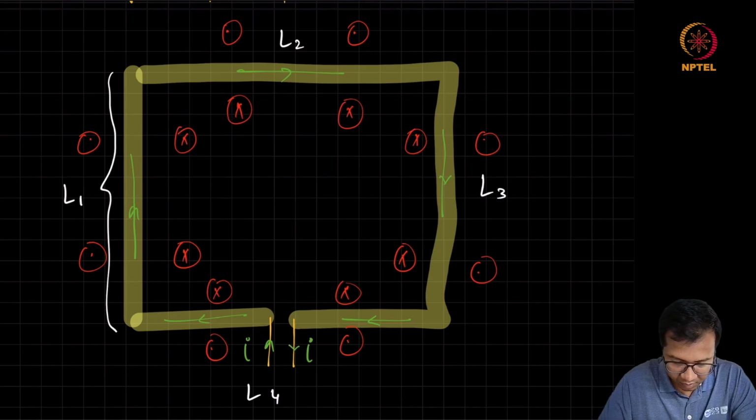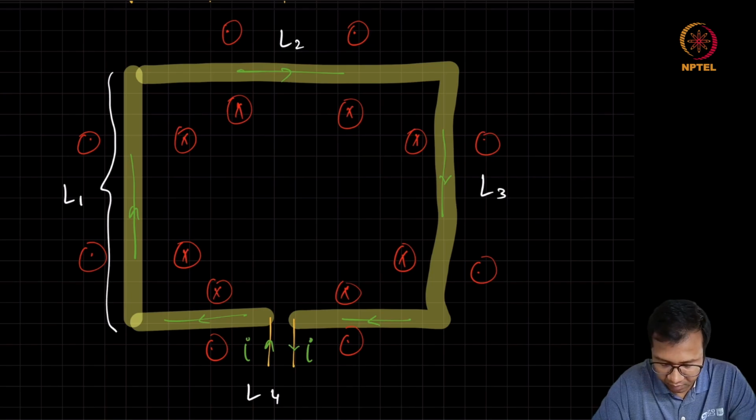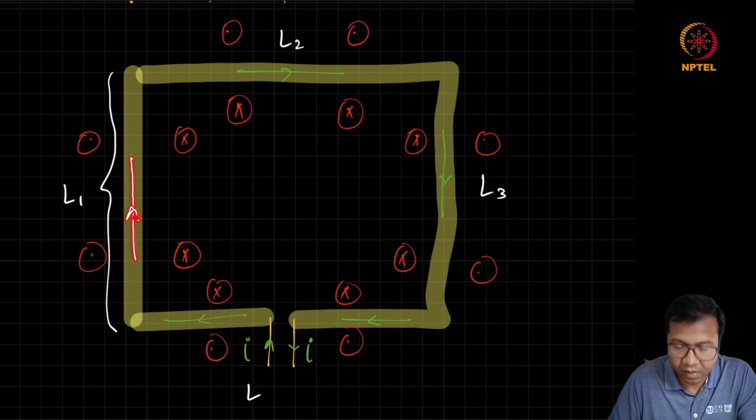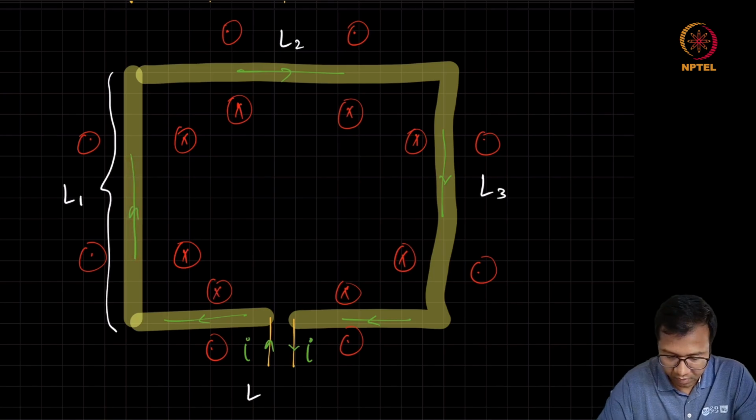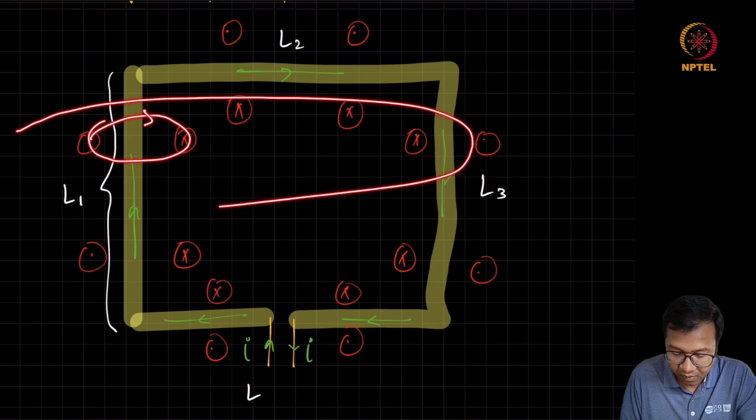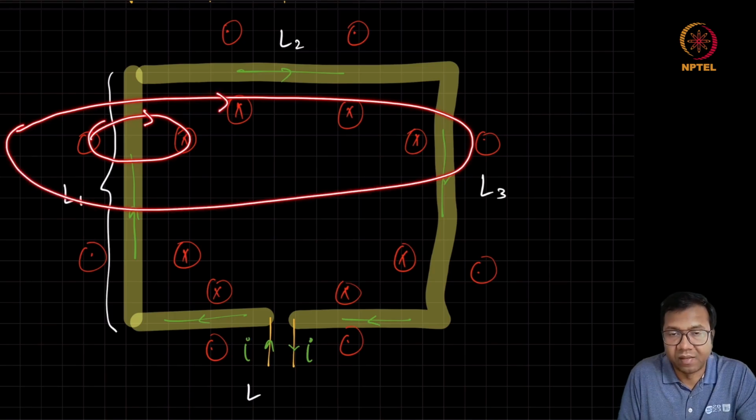Okay, so that would have been correct, but there is some extra detail which has not been shown while drawing this magnetic field diagram. The detail is that when current is flowing, for example, in the leftmost segment, it is creating this magnetic field. But in addition to that, there is also a magnetic field which is coupled to the L3 segment. And this is going to happen for all the other segments as well.